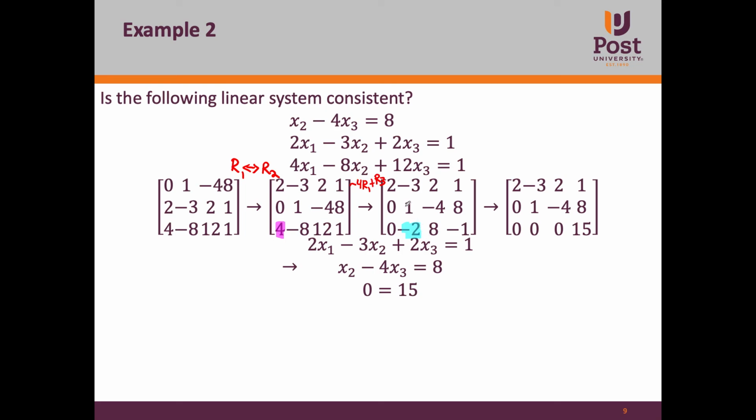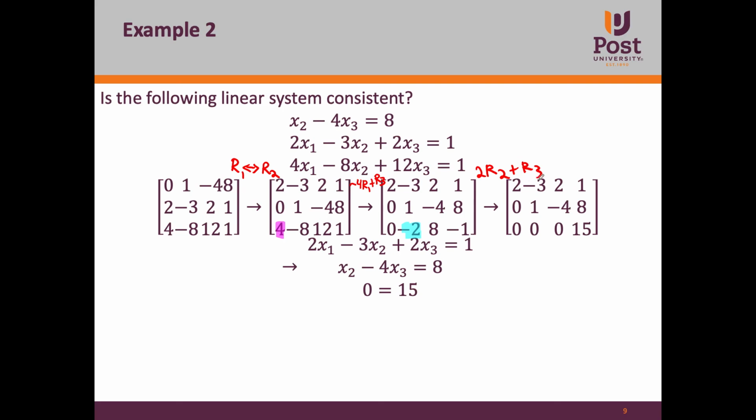In order to do that, we look at the second row here, and if we multiply the second row by 2 and add it to the third row, this negative 2 becomes a 0. So 2 times the second row, and we add it to the third row. Again, that replaces the third row.